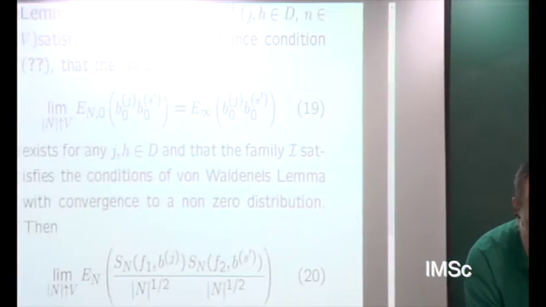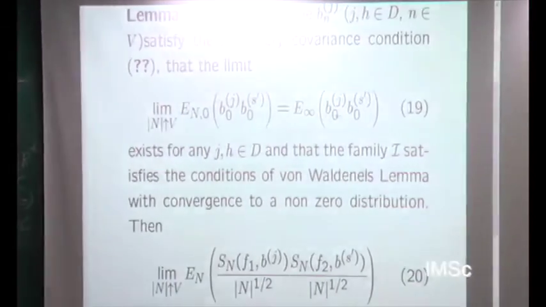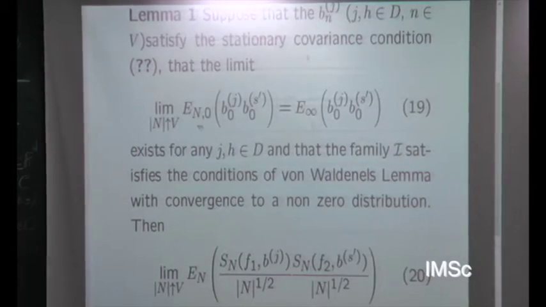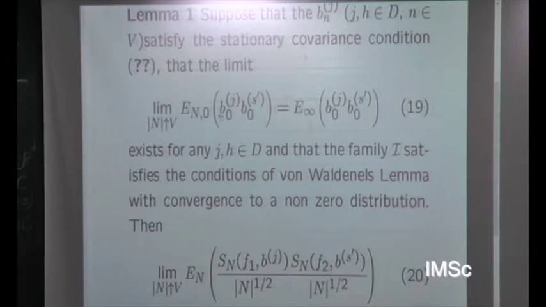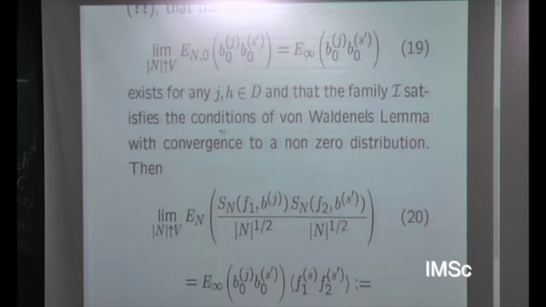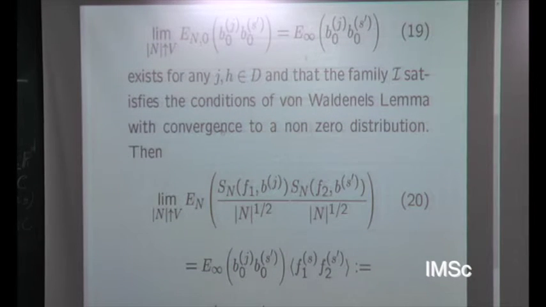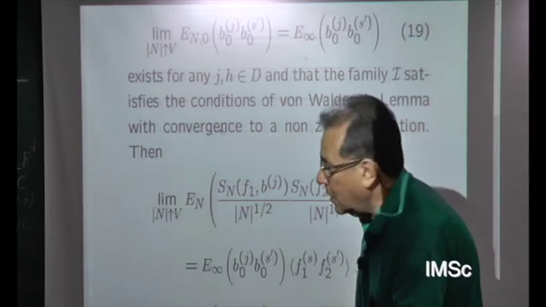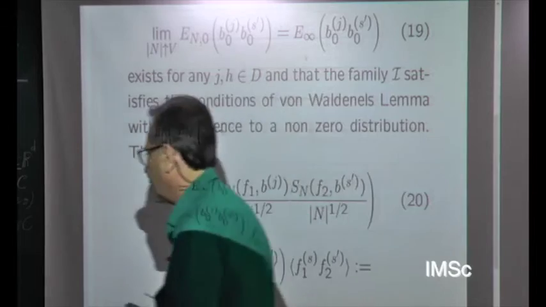So let us begin to see the covariance. We assume that, well, I will make a stronger assumption than that the limit exists. This assumption was done in the central limit theorem. But in the following, we will make a simplifying assumption.